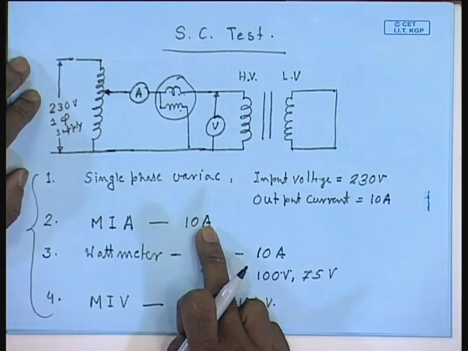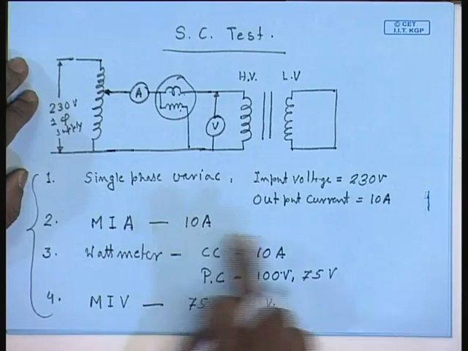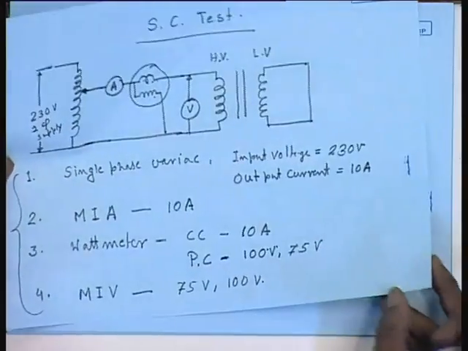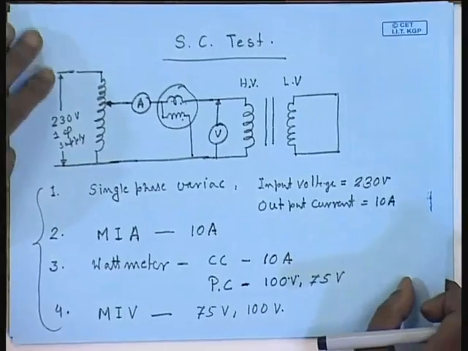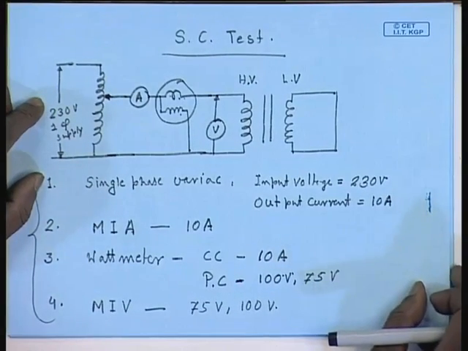However, this current rating of 10 ampere is too large for performing the open circuit test. The problem is, the higher the maximum range of the meter, the lower its accuracy becomes, particularly with moving iron equipment.